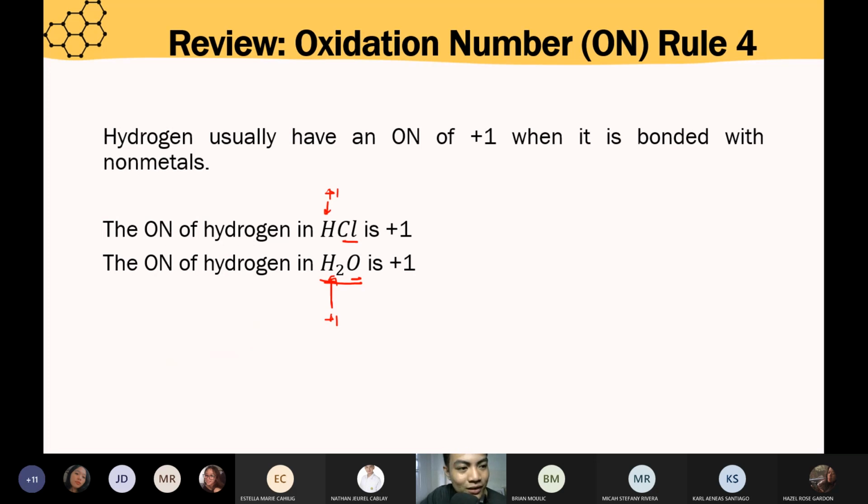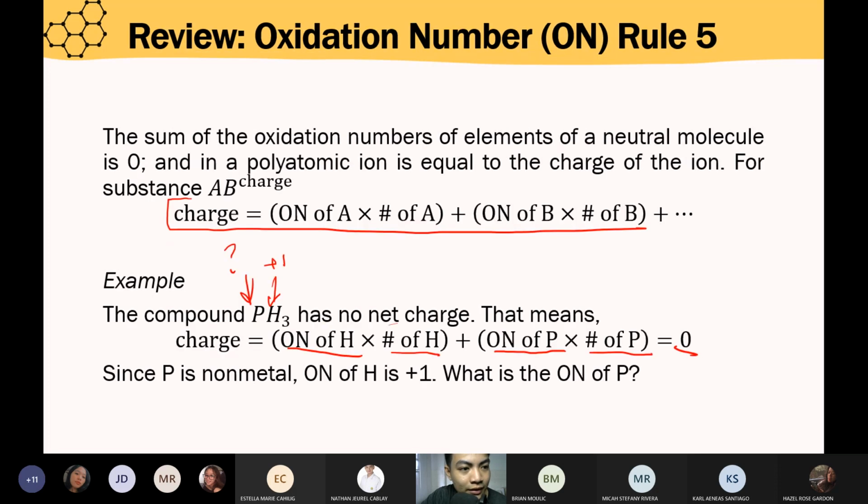Okay? Rule number 4, sabi dito, hydrogen is usually positive 1 when bonded with nonmetals. And then, rule number 5, if you have a molecule, basically, the overall charge is the sum of the oxidation number of individual elements. Okay?